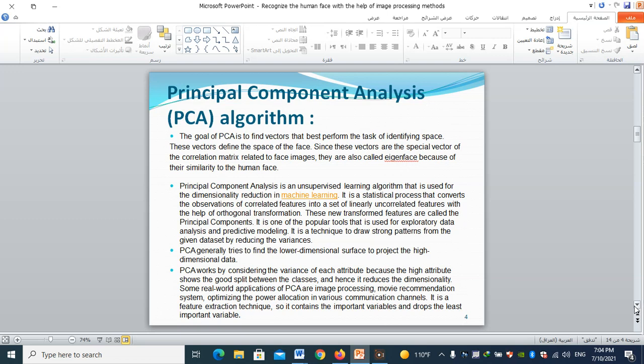Some real world applications of PCA are image processing, movie recommendation systems, and optimizing the power allocation in various communication channels. It is a feature extraction technique, so it keeps the important variables and drops the less important variables.